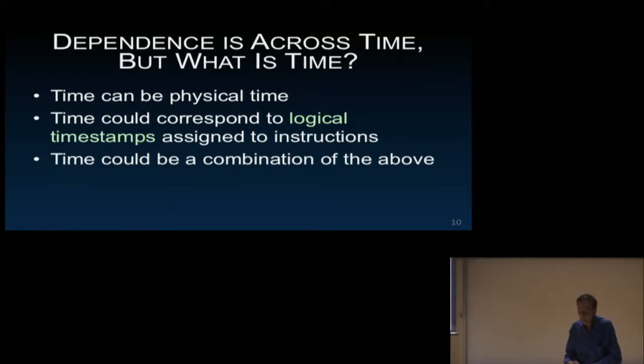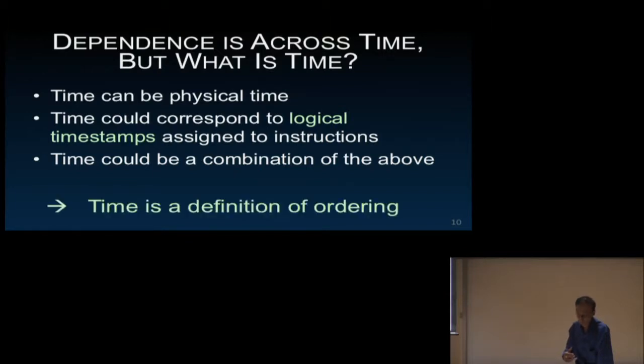But there's no reason why logical time has to be the same as physical time, and there's no reason why time can't be a combination of logical time and physical time, right? So you don't have to have one notion. You can mix the 2. Ultimately, time is the definition of ordering, right? In a local setting, when you have people in this room or in a processor, clock cycles give you effectively physical time because a clock cycle follows another one, right?